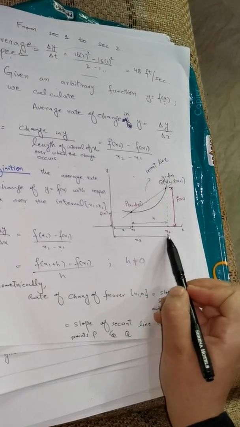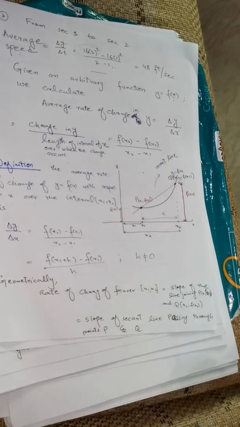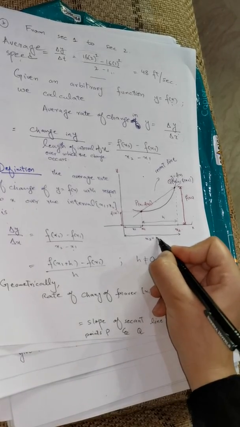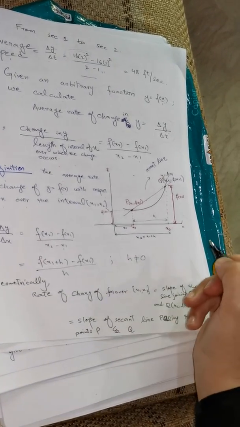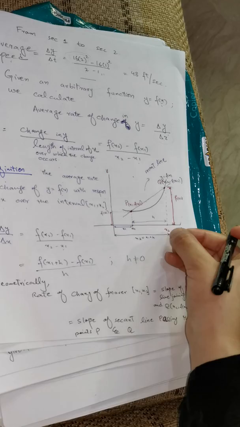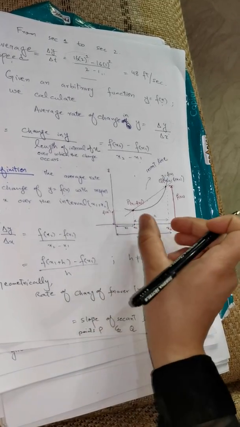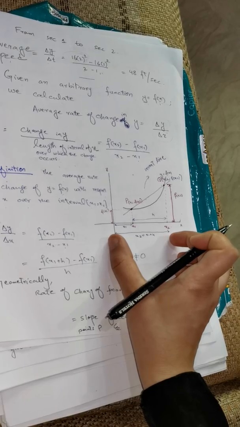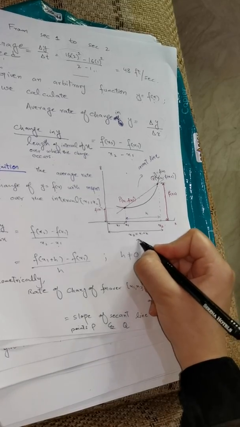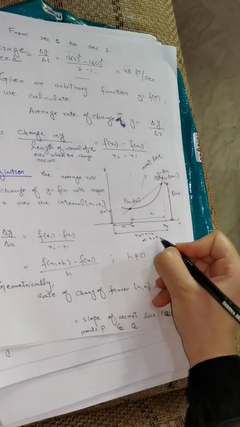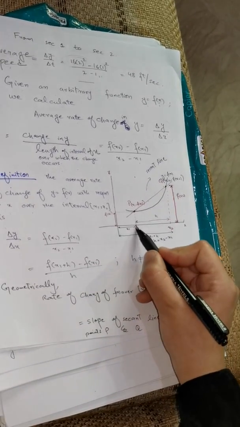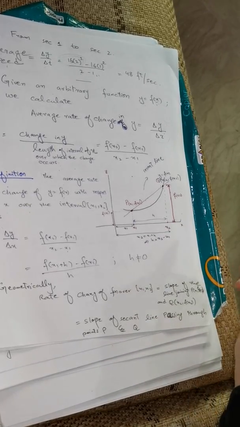So write x2 in terms of x1. x2 is equal to x1 plus h. This one is x1 and this one is h. So the total x2 is equal to x1 plus h. Or when we have to write h in terms of x2 minus x1, h is equal to x2 minus x1. So basically h is the distance between x1 and x2.